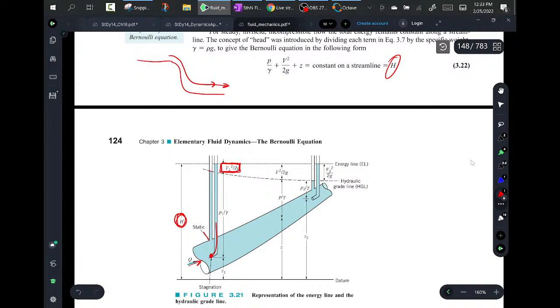This right here, let me erase this. This height from here to that is the pressure energy, and this is the elevation above what you've picked as a datum. So when the water flows up to this point, and it's right here, what happens?